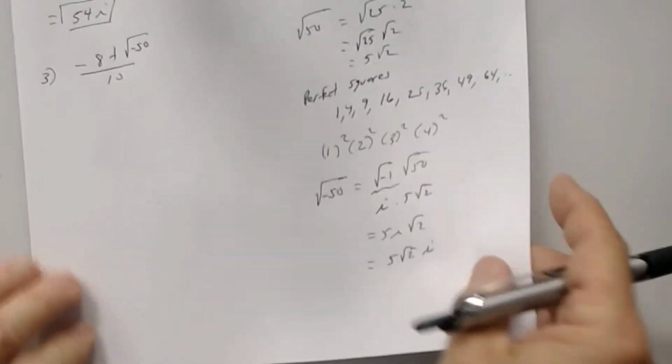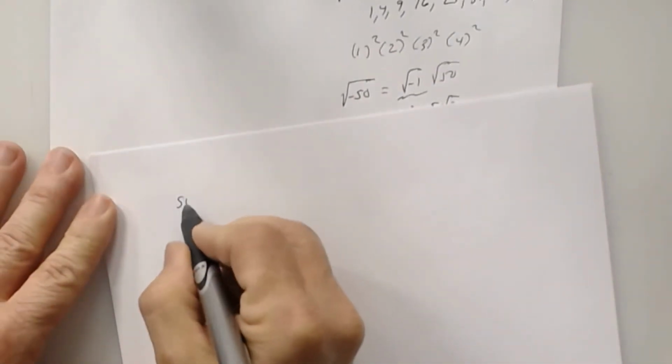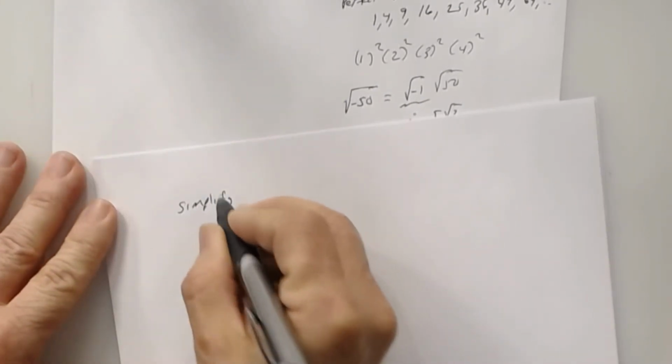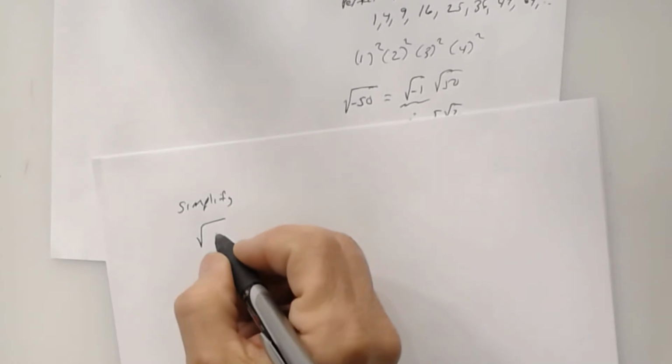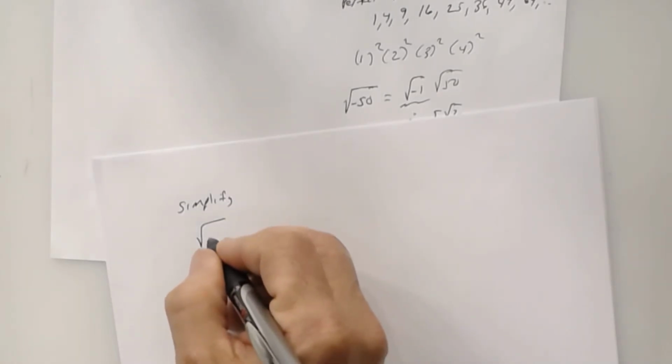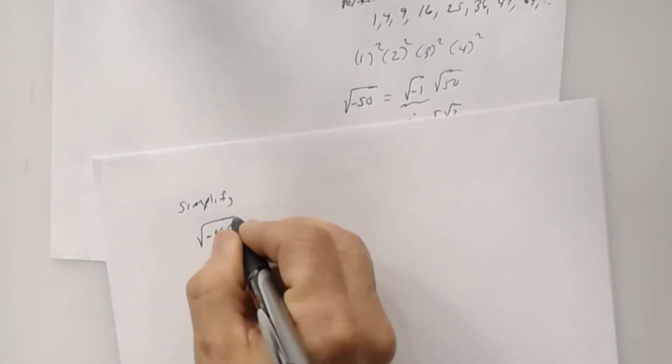All right, now what if you had this? What if you had simplify? Now we're still not done with number 3, but what if you had simplify the square root of, let's say, negative 45.